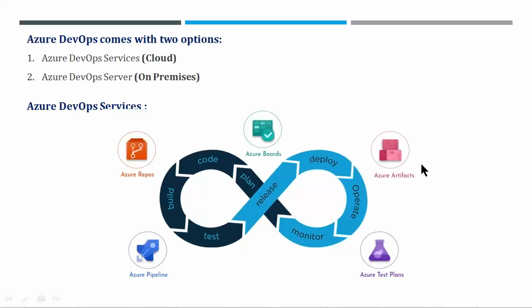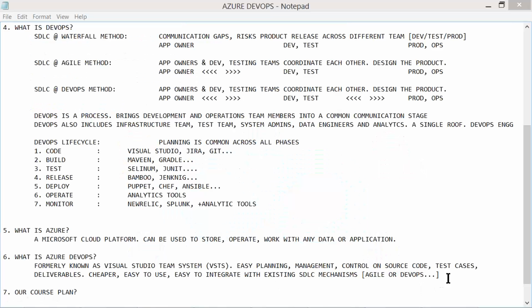With this information, here we go back to our notes. It includes number 1, the Azure Boards. It's more into dashboards and monitoring. We are just making it simple and straight.